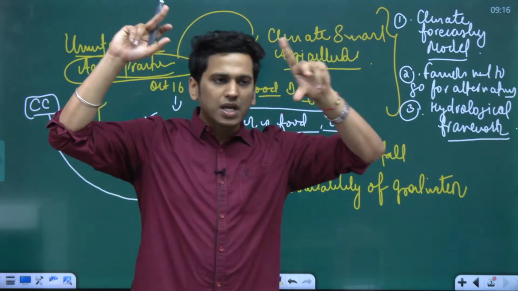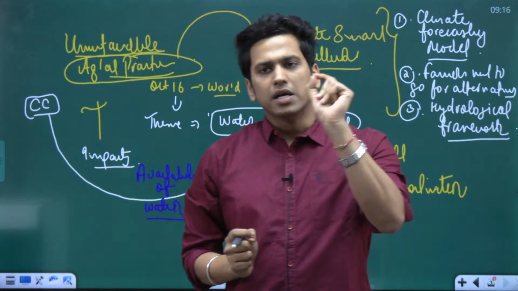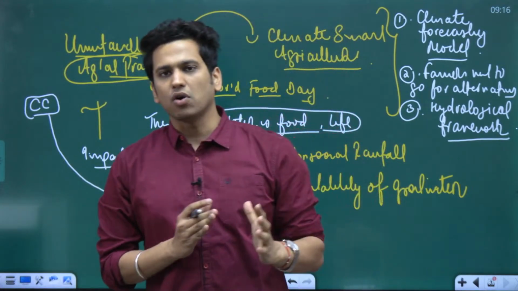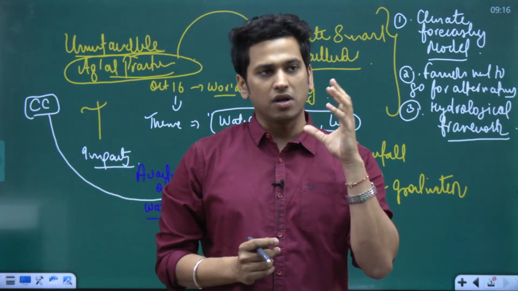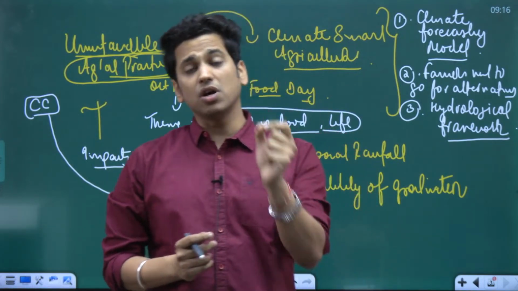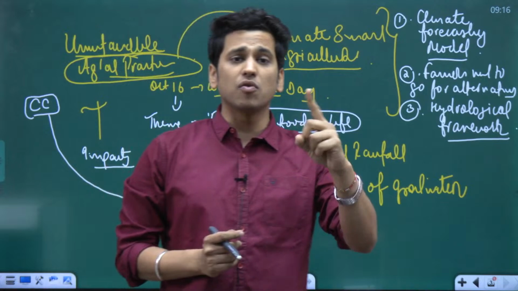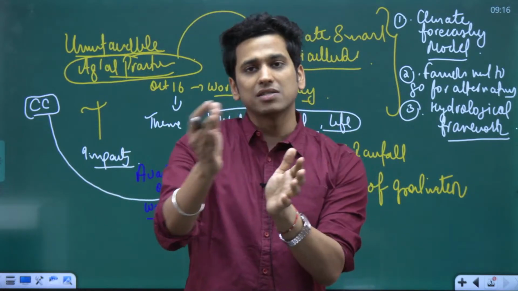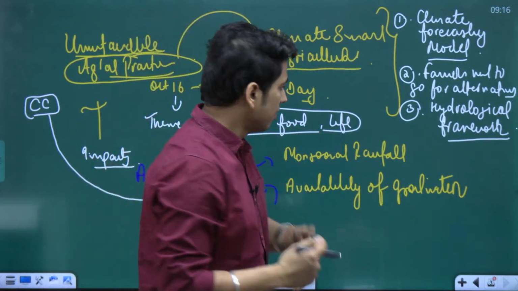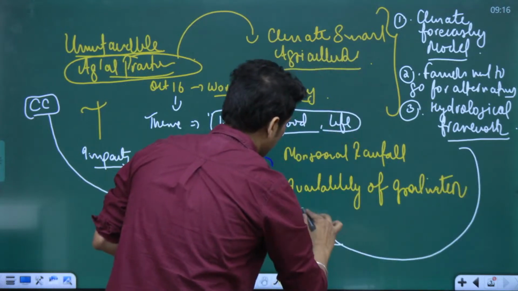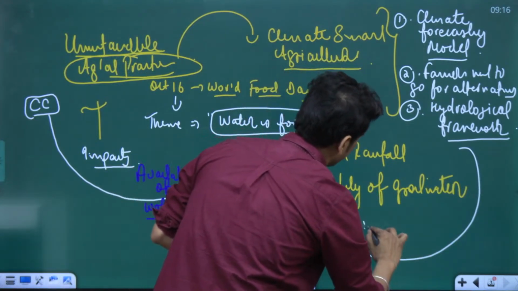And now this we can all relate to the Sustainable Development Goal, where we talk about how we have to focus on water use efficiency. That is also one of our national missions under the National Action Plan on Climate Change, which is focused on water use efficiency.